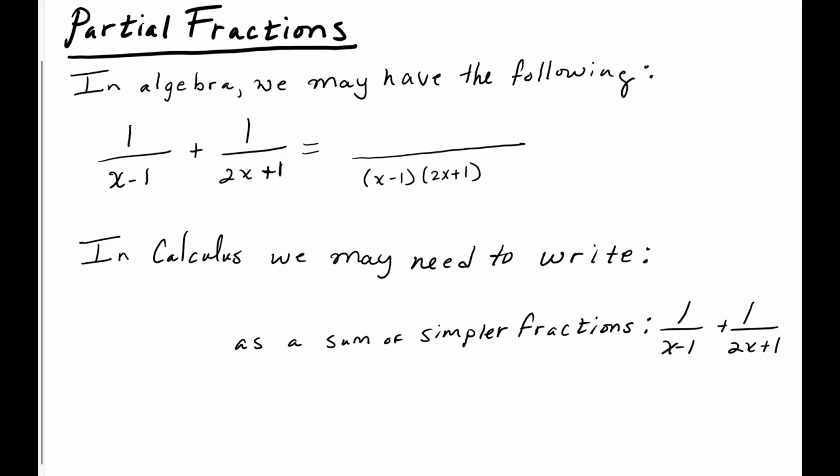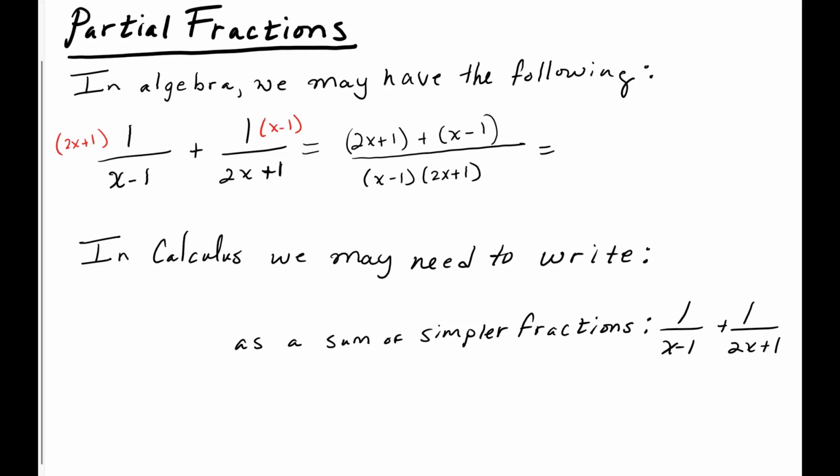And what ended up happening was that this side got multiplied by 2x plus 1, and this side got multiplied by x minus 1. So on the top of your fraction, you had 2x plus 1 plus x minus 1.